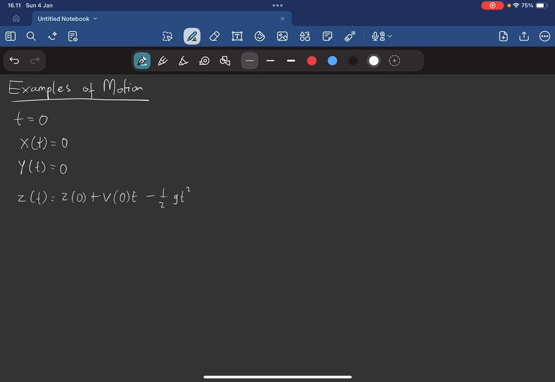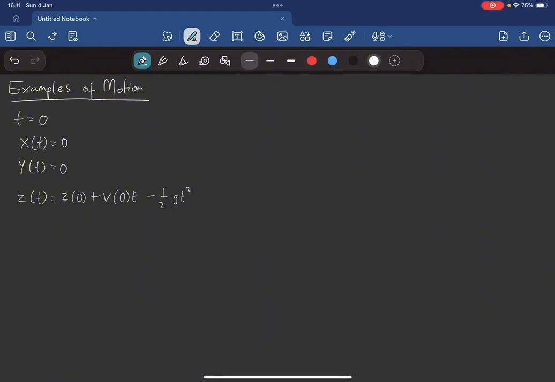The particle evidently has no motion in the x and y direction, but moves along the z-axis. The constants z0 and v0 represent the initial values of the position and velocity along the z direction at t equals 0.